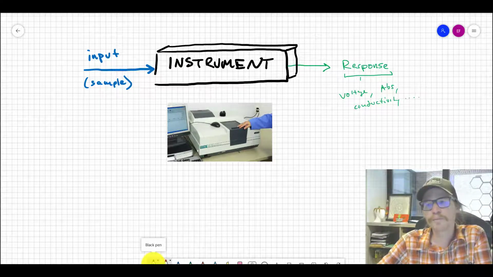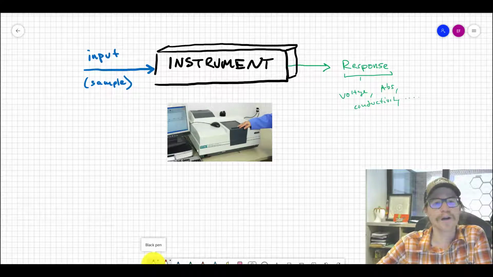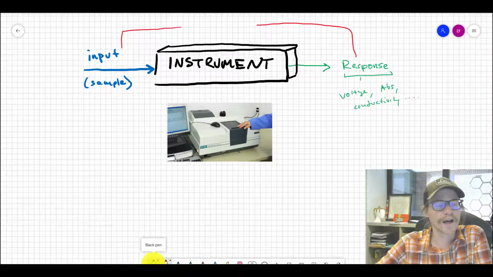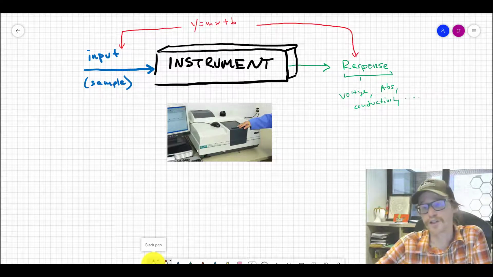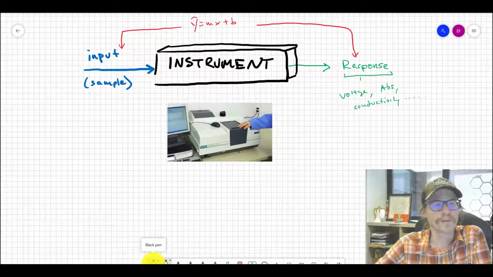So calibration is the process by which we correlate the response back to our sample and the concentration of our analyte. And we do that through an algebraic relationship where we relate our response variable, which is going to be y, to our input variable, concentration, through the equation of a line.